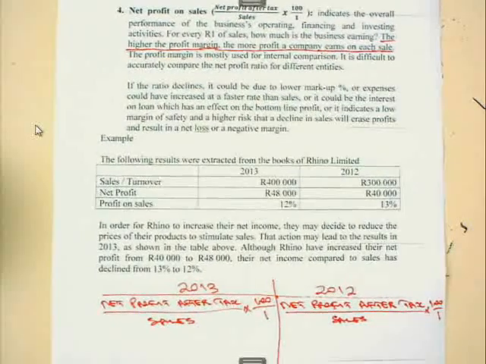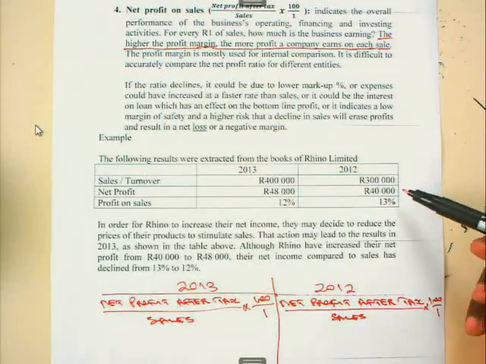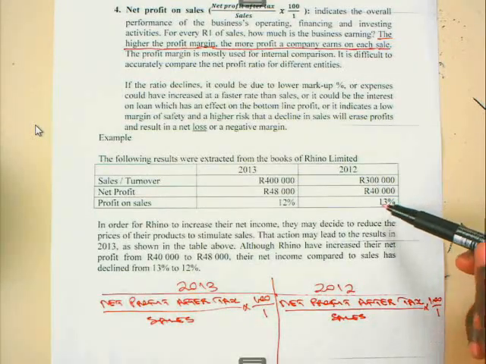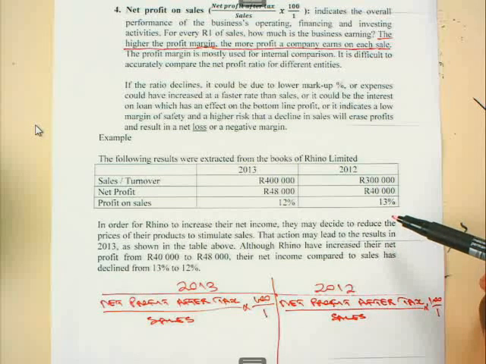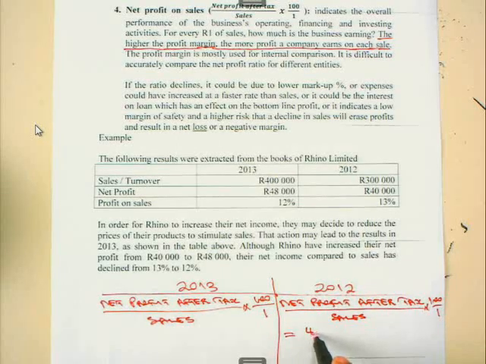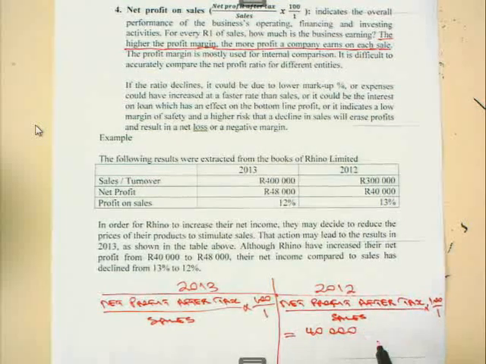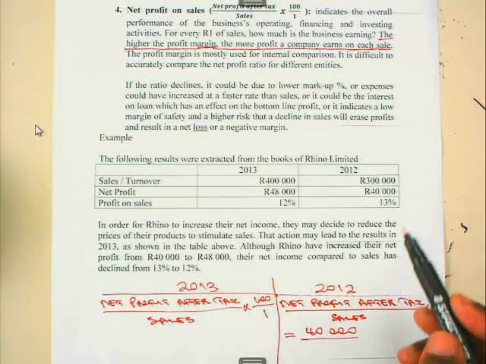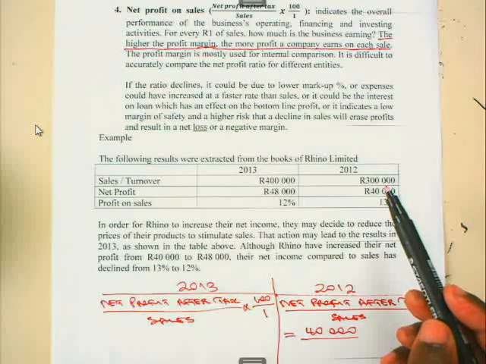Let us start with the 2012 information that is given to us. Yes, we are given 13%, and here it's 12%. We just want to prove how they arrived at those profits on sales. Our net profit is 40,000 over the sales of 300,000 in 2012.